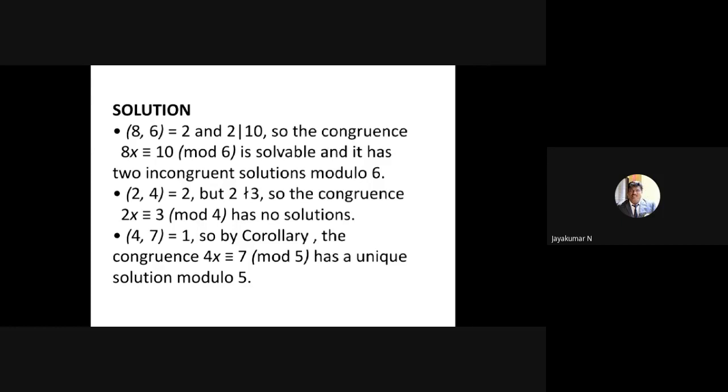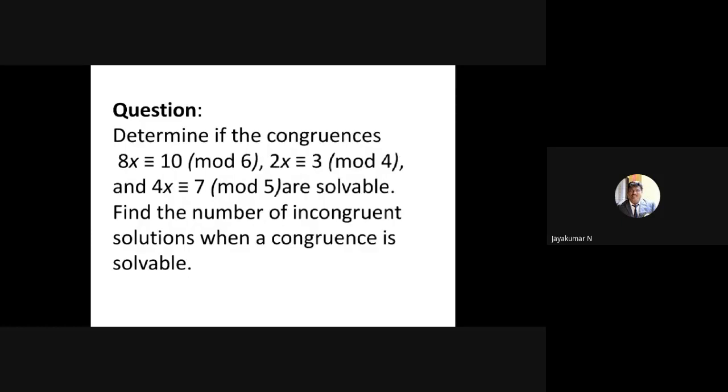Then the third linear congruence 4x congruent to 7 mod 5 will be compared with ax congruent to b mod m. So a value is 4, b value is 7, m value is 5.